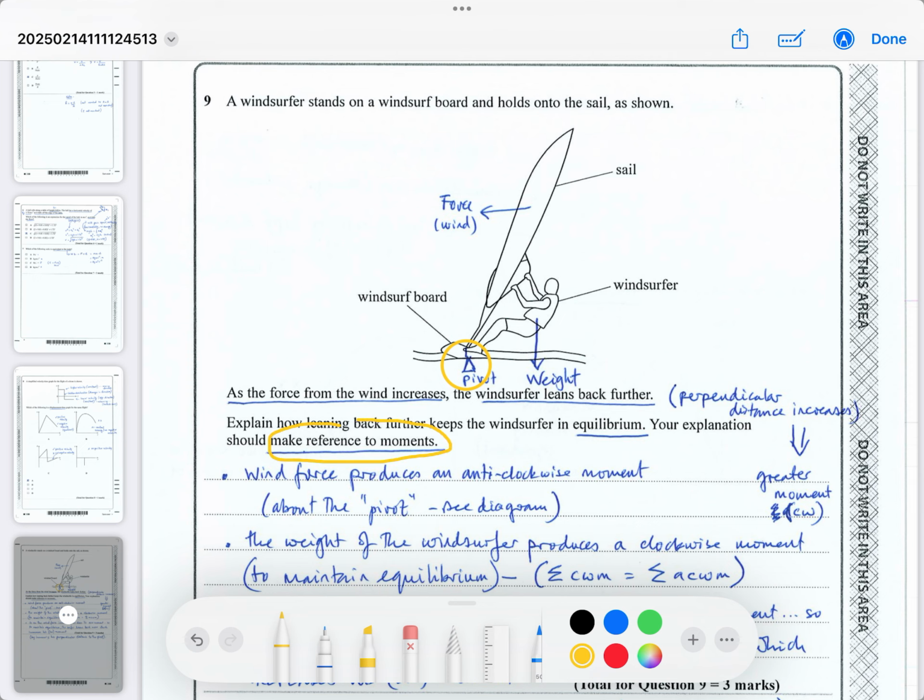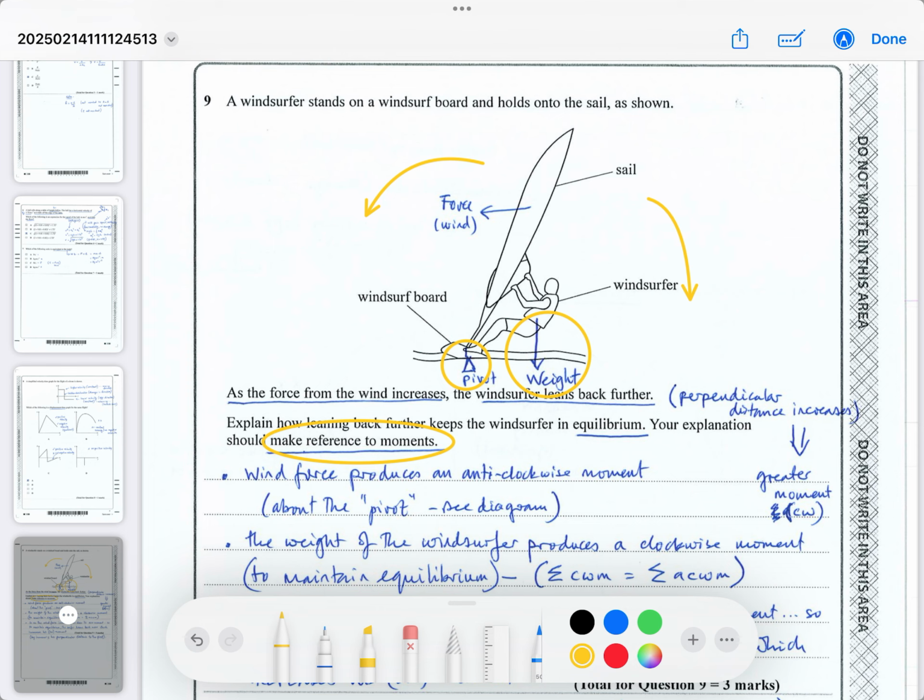Now remember, moments are balanced when clockwise moments are equal to anti-clockwise moments. So clockwise is in this sense, and anti-clockwise is in this sense. The clockwise moment comes from the weight. Obviously the further back he leans, the further his perpendicular distance to the pivot will be.